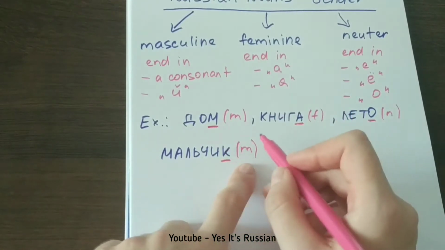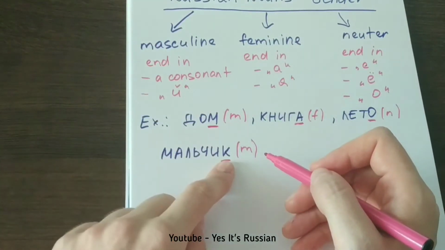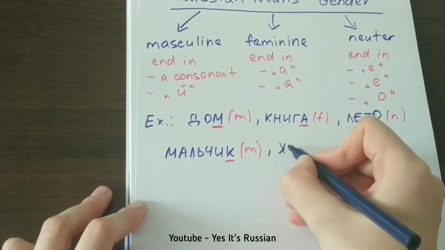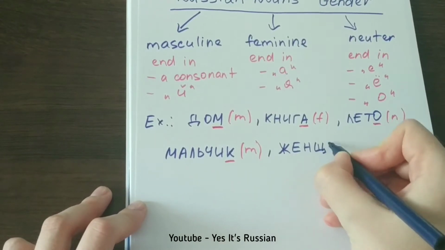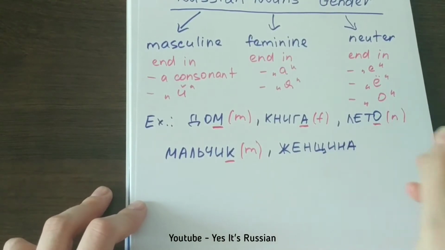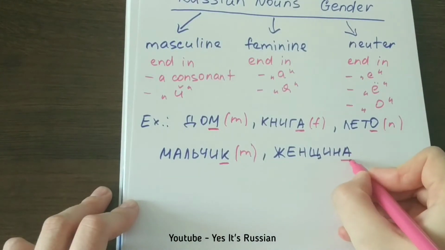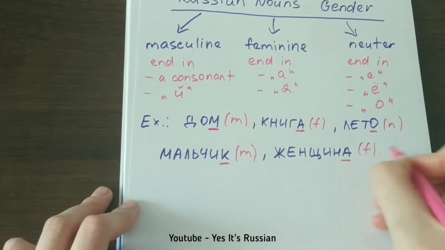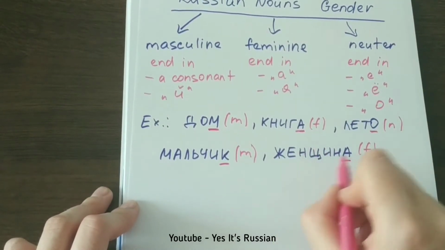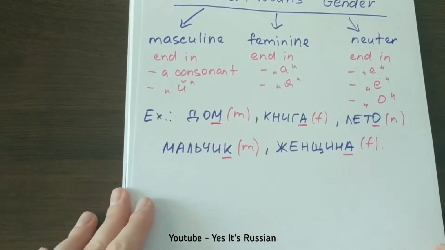So boy is male, so it is masculine. Another example is this one: Женщина. It is ending in A. It is of the feminine gender, and женщина means woman, so it corresponds to the biological gender.